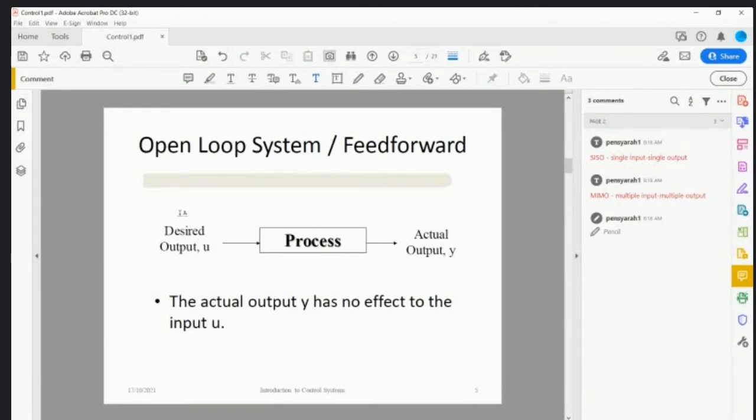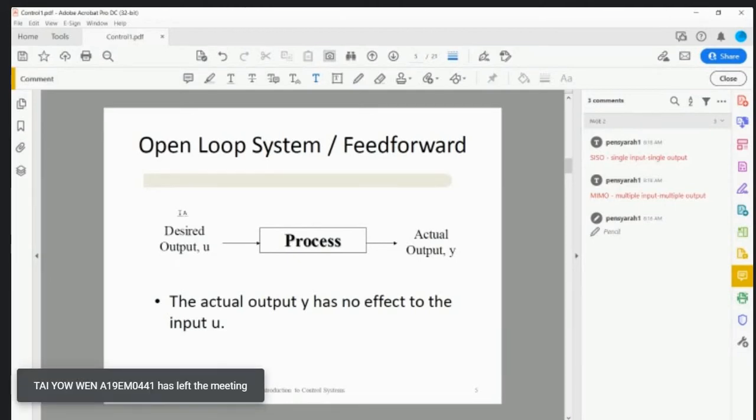But you don't know whether the actual output is actually 24 degrees Celsius or not, because you don't have a thermometer to measure that. So there is no feedback from the system telling it that it is actually 24 degrees Celsius. This is what we call an open loop control system.